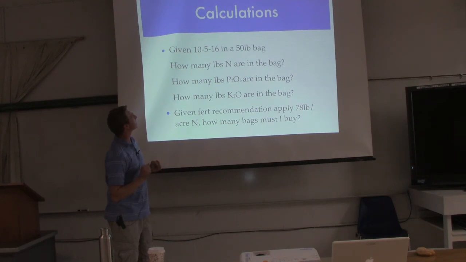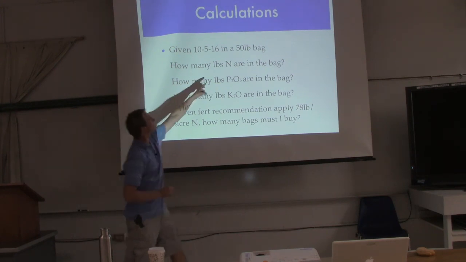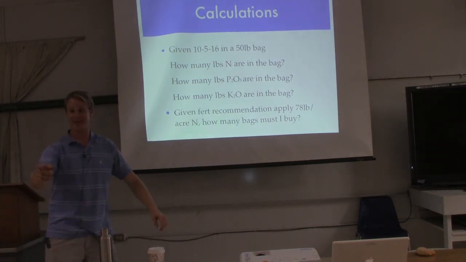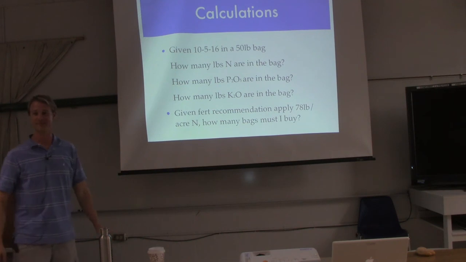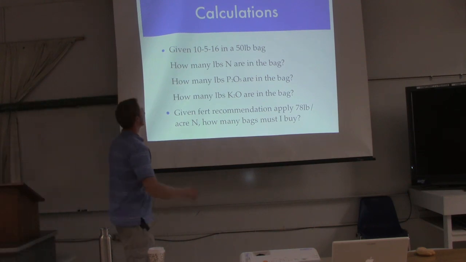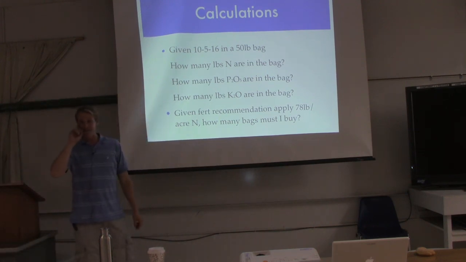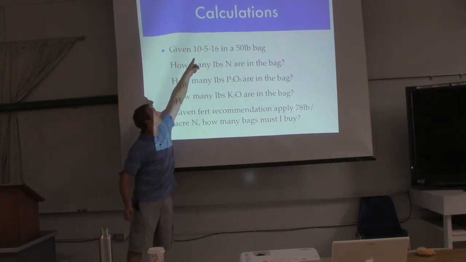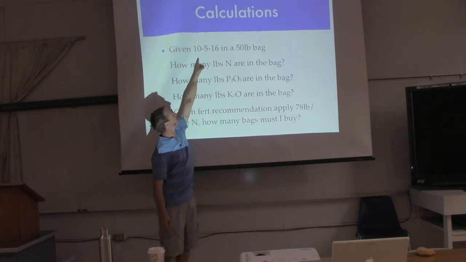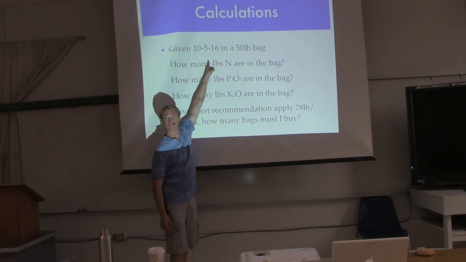If this number was 100 pounds, what would the answer be for N? 10. Okay? So as a smart trick, knowing that most of them come in 50-pound bags and that your percentage is on a 100-point scale, if you take this number and cut it in half, you get your answer.